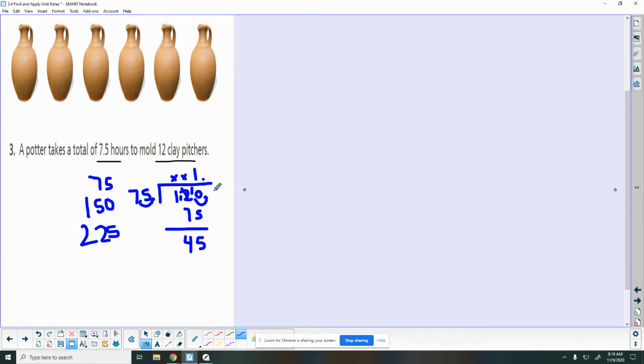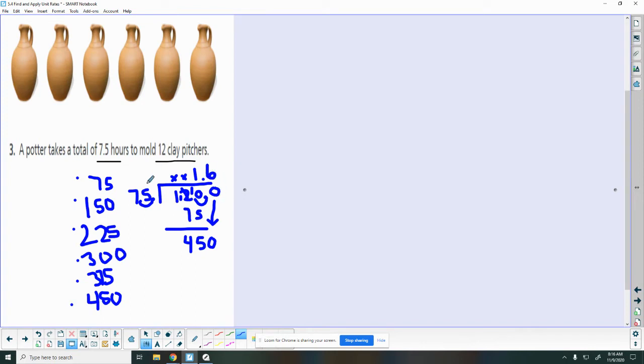So we're going to add another 0. It doesn't change the problem because it's after the decimal, and bring this down. So I need to keep on going. So 75 more is 150, 225, 300, 375. 75 more is 450. So it can go in there 1, 2, 3, 4, 5, 6 times.